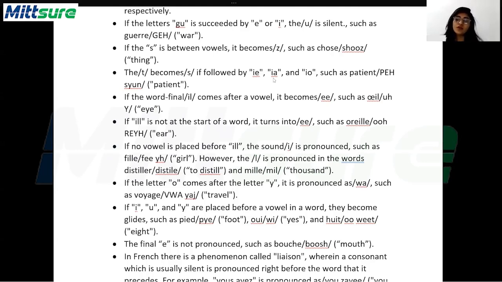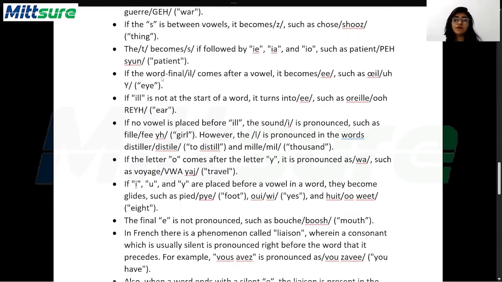That is also applicable in French, including these additionally too. If the letter T is followed by IE, IA, and IO, the sound will become S. Such as in the word patient, it will become patient. And the meaning is the same as in English, it is patient only.